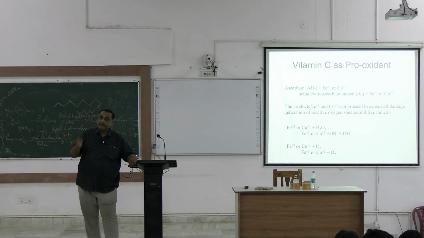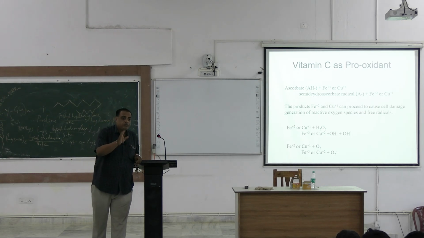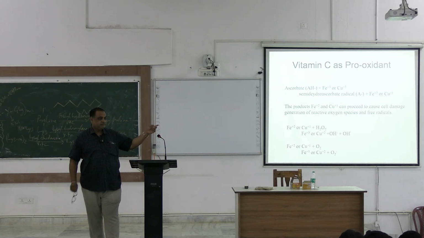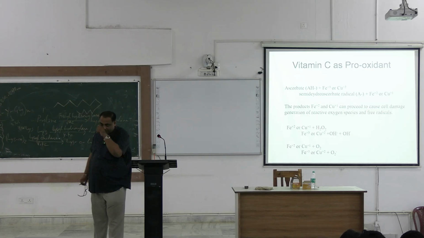Is he having anemia? Some sort of anemia where free iron is more? Is a person having some sort of infection where free iron is more in the blood? In that case, this pro-oxidant property will take place. Why? Because it has got a beneficial effect.